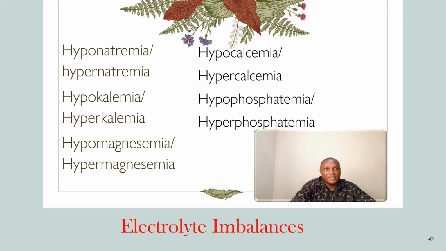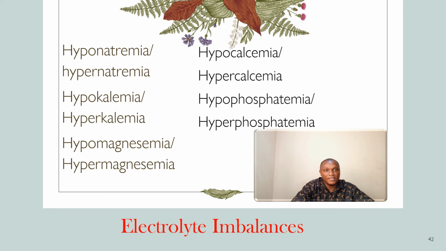So we will discuss electrolyte imbalances, and these imbalances depend on whether there is more or less of these cations or anions. For example, we can have hyponatremia when there is less sodium, or hypernatremia when there is excess sodium. Hypokalemia, low potassium, and hyperkalemia, high potassium.